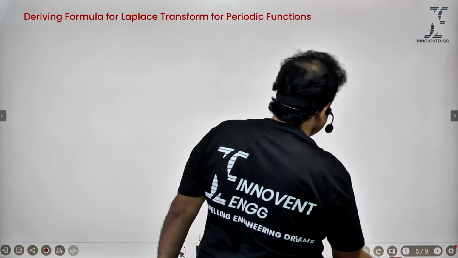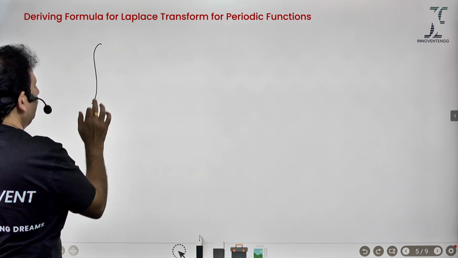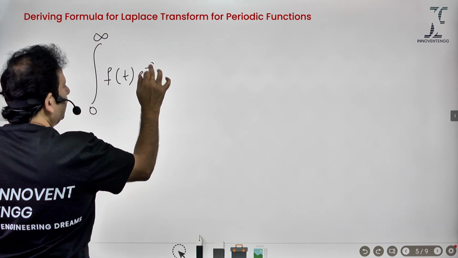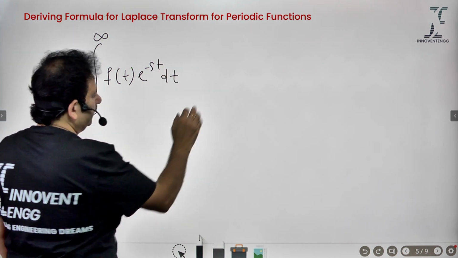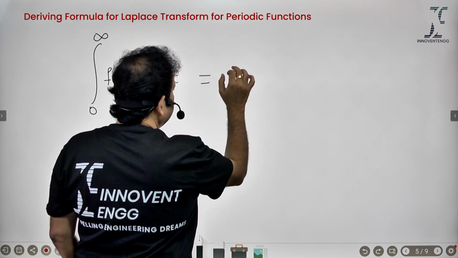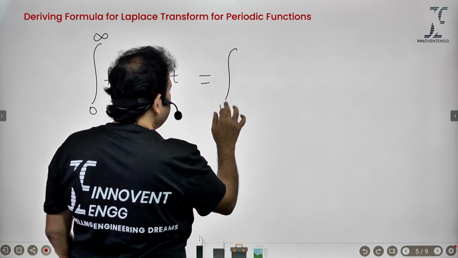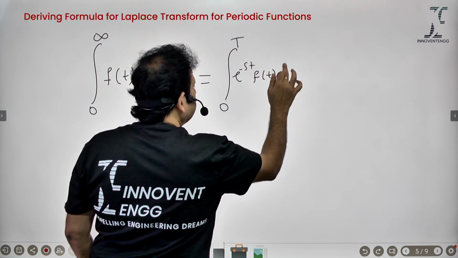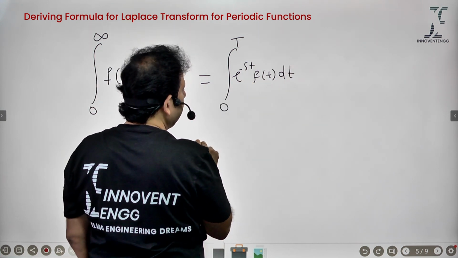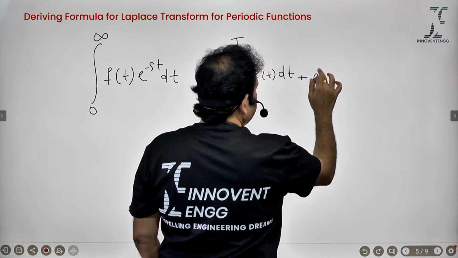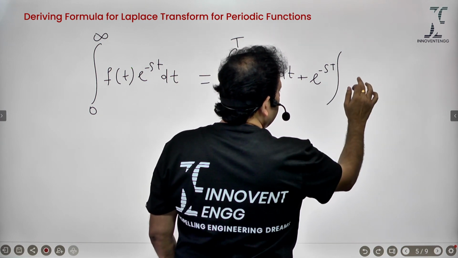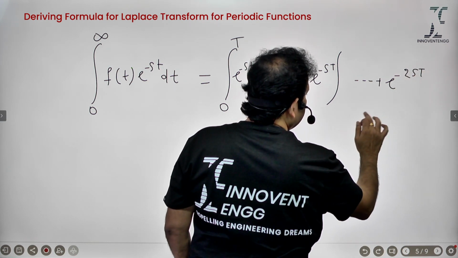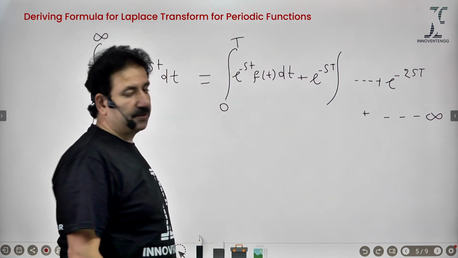So can I categorically write now that my integral 0 to infinity f of t e power minus st dt, this is my Laplace transform of f of t, which is a periodic function, is now going to be: 0 to T, the first one will have coefficient 1, e power minus st f of t dt, doesn't matter which order you write f of t and e power minus st, and the second integral would have e power minus sT, and then the third integral e power minus 2sT, and this goes on for an infinite number of terms.